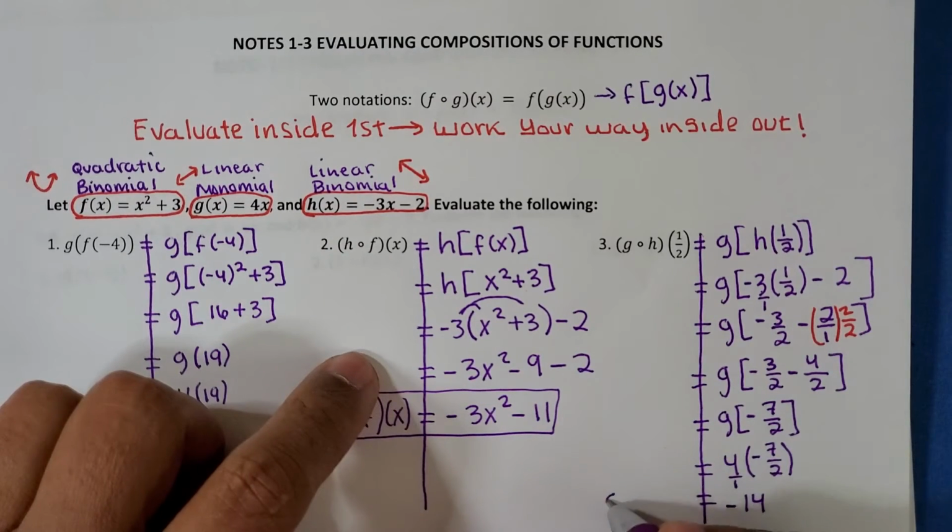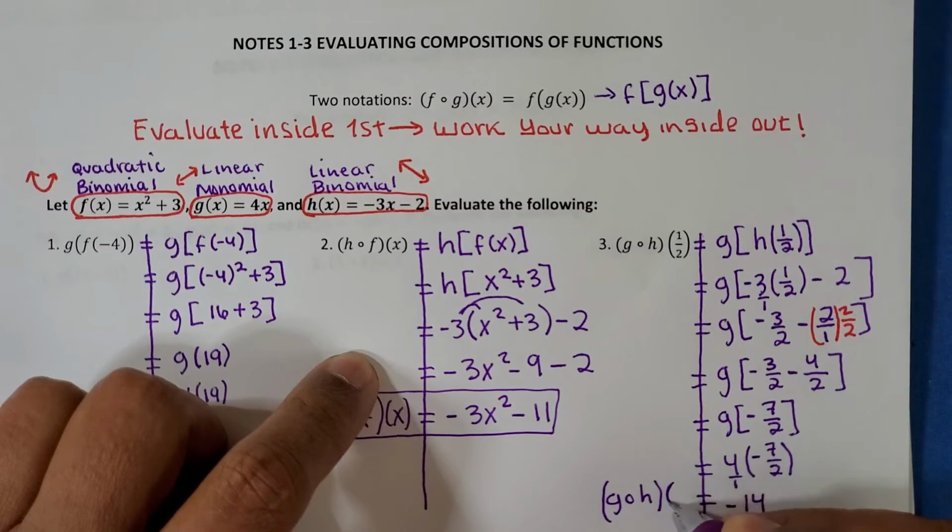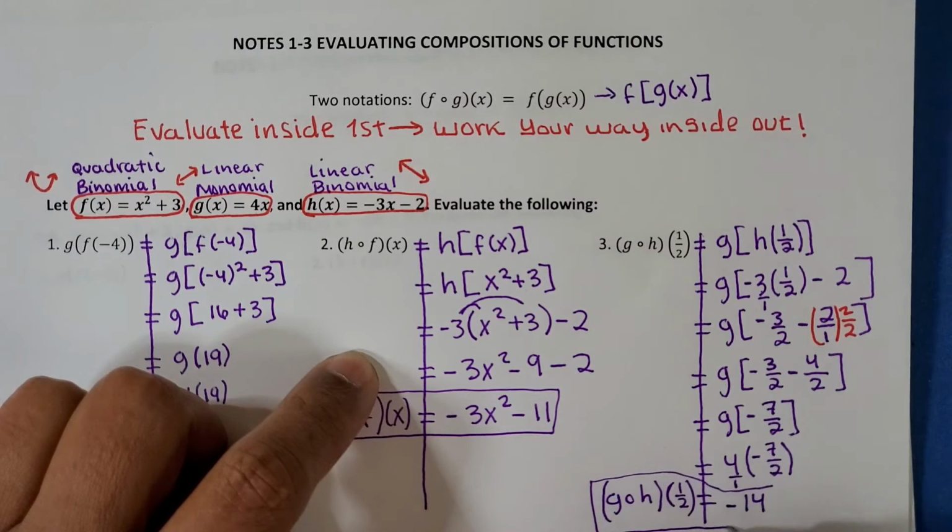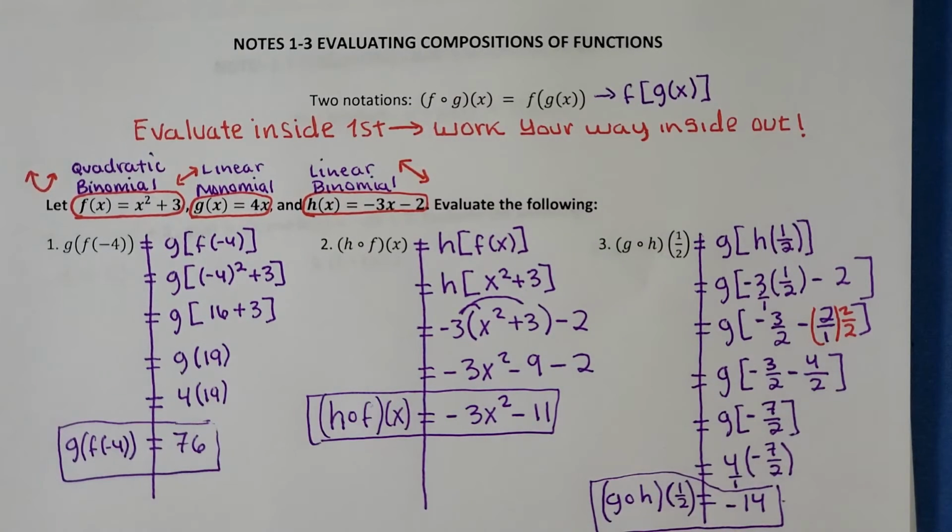So then my answer for this composition, g composed of h of 1/2, is equal to negative 14. And there's the answer to that problem.